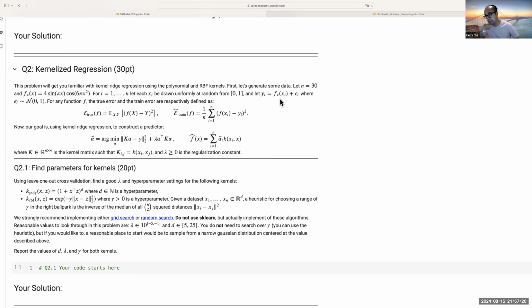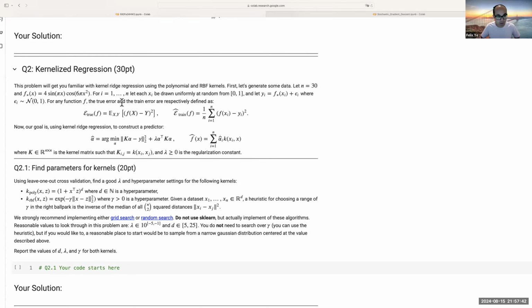So at each draw, this value will be different. You should see some fluctuations. And you have this yi, which is your ground truth f plus some epsilon, adding some Gaussian noise. This Gaussian noise is standard Gaussian.